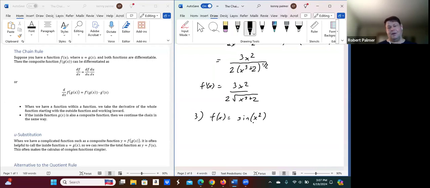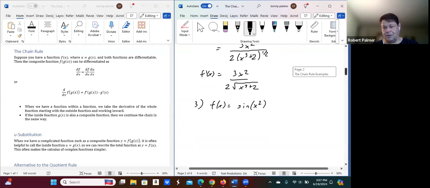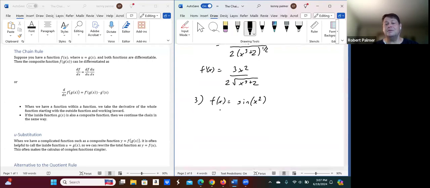All right, so once again, what we want to do is go from the outside in. Start with the outside function, work in. And so df dx is equal to, so the derivative of sine of something is cosine of something. If this is just the x, without the square, it should be the cosine of that.